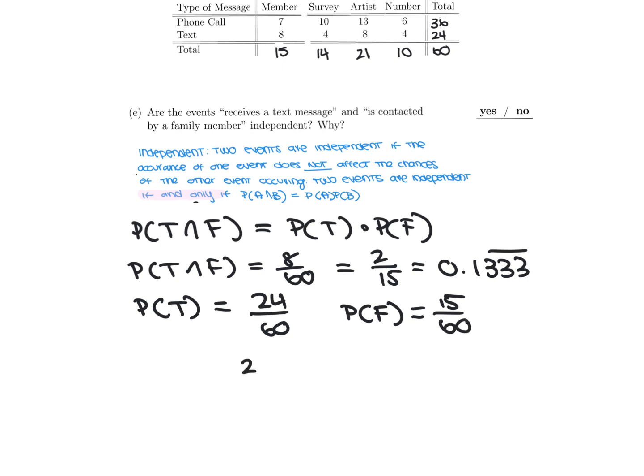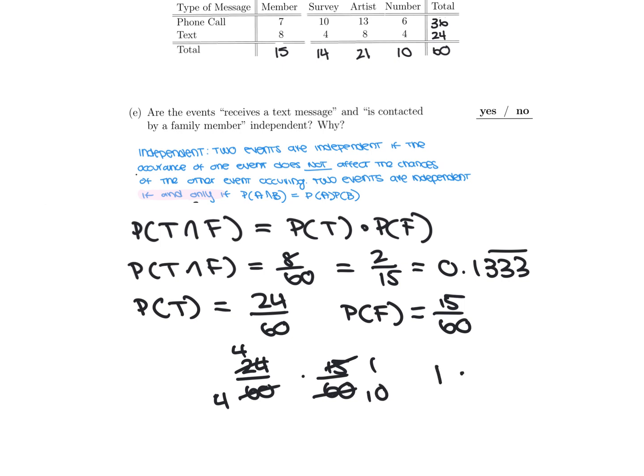Now we're going to want to multiply these two. We can cancel a few things out. 15 goes into 60 4 times. And we can cancel out 24 and 60 to 2 and 5... to 4 and 10.